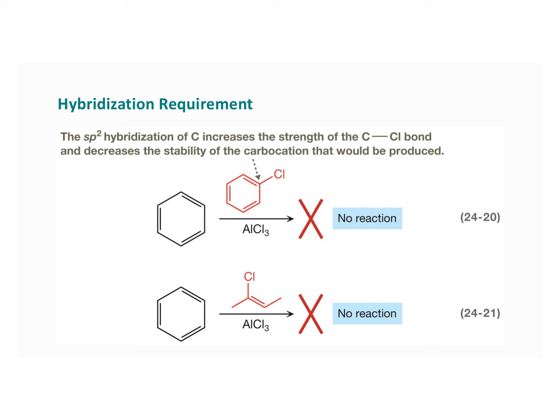So basically, if you've got a chlorine next to a double bond, that increases the strength of this bond, and it decreases the stability of the carbocation that would be produced. So that's not going to react at all. So in general, a Friedel-Crafts alkylation reaction does not occur unless the halogen of the alkyl halide is bonded to an sp3 carbon.